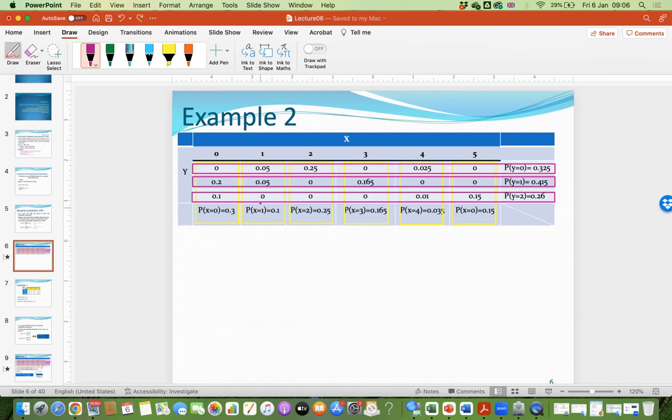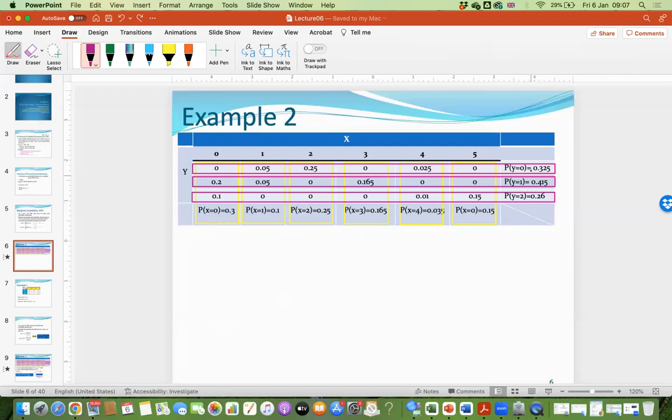So for discrete random variables, the easiest way is you make another column and row for the totals. You calculate, if you look at the horizontal part, in this case, Y equals to 0, and the second one is Y equals to 1, Y equals to 2.